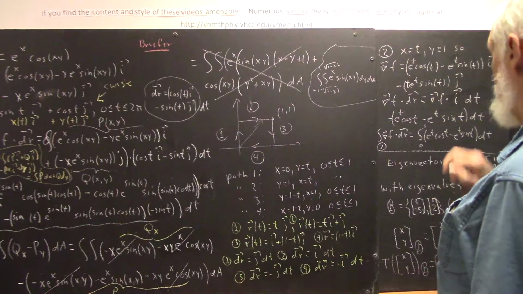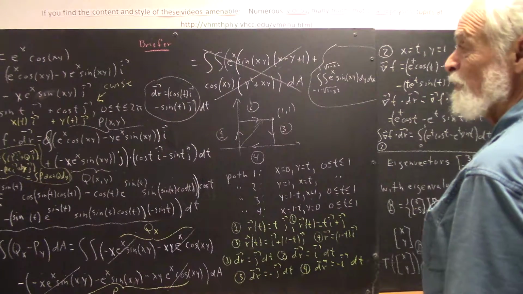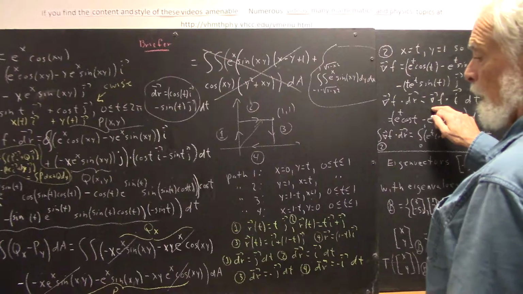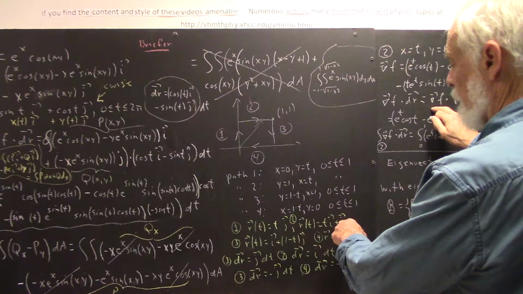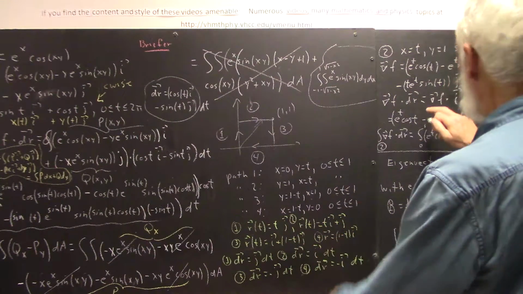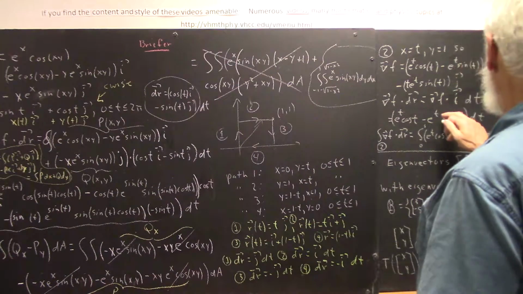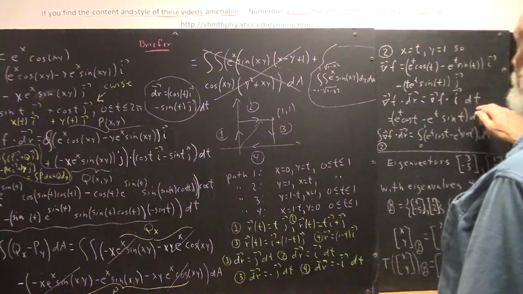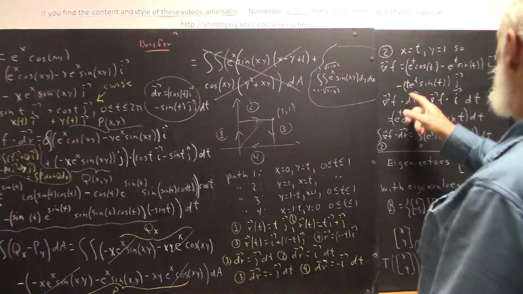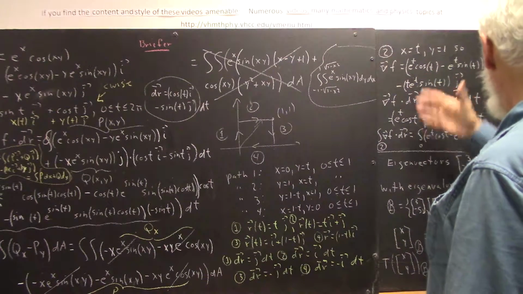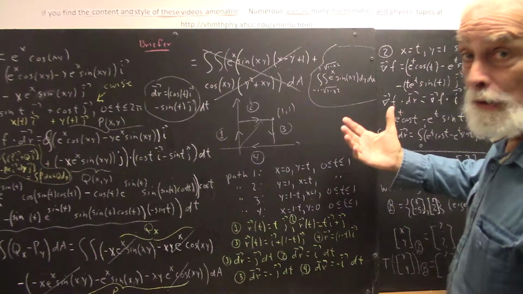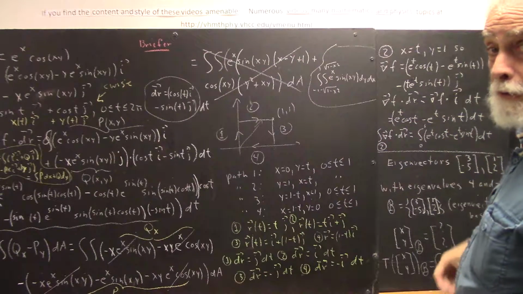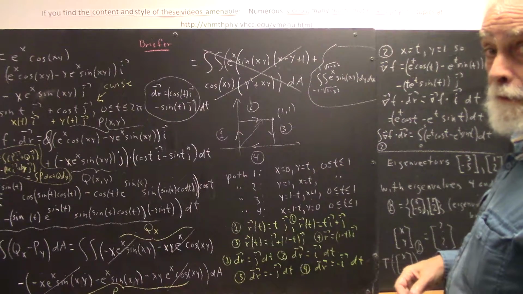Here we have this. So our del f dot dr is del f dot what? Well, on the second interval, dr is just dt i. So it's del f dot i dt. Now I said that the t I left off here isn't going to matter on this part of the integral. It does matter if you're trying to illustrate what you're doing here, and that's what I am trying to do, so that wasn't real good.